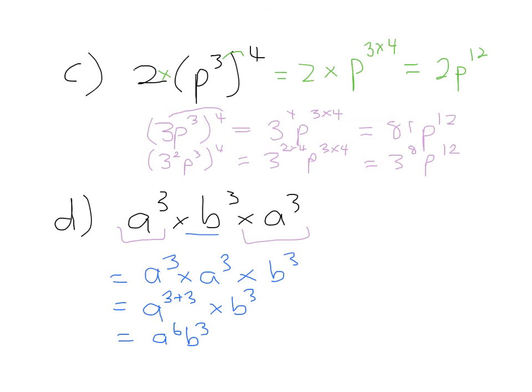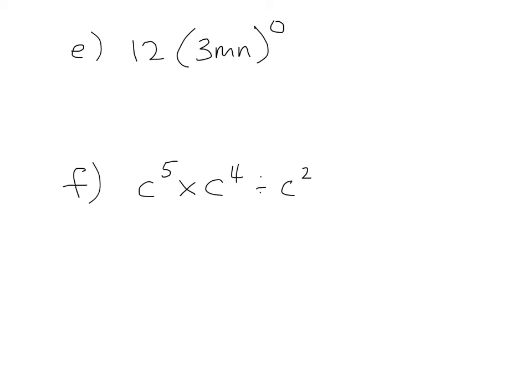On to the next question. For this one here, anything to the power of 0 is equal to 1. So if we have x to the power of 0, that's equal to 1. If we have y to the power of 0, that's equal to 1. In this case here, everything in the bracket has powers of 1 inside the bracket, so 3 to the power of 1, m to the power of 1, n to the power of 1.